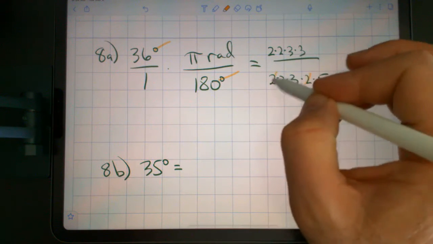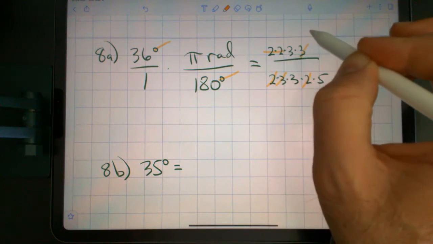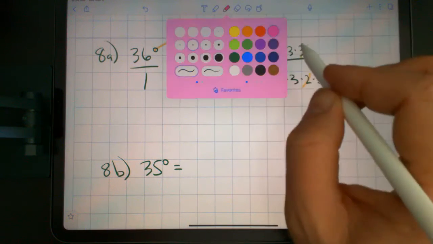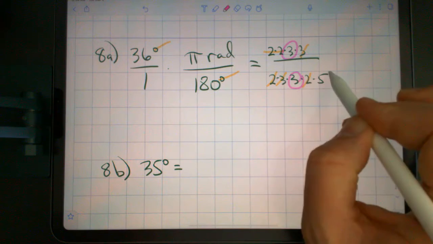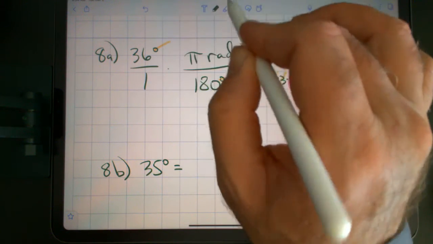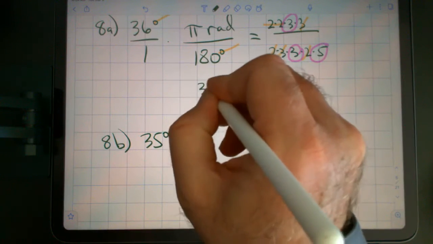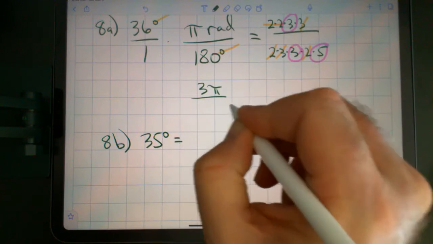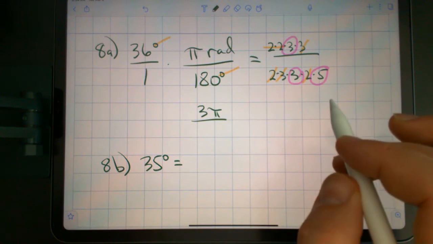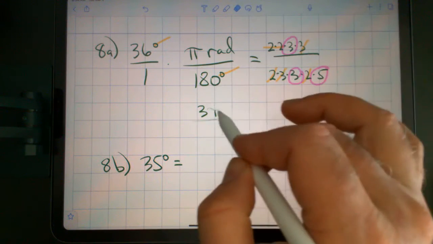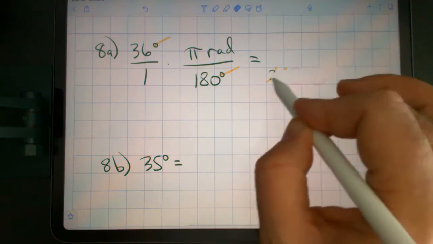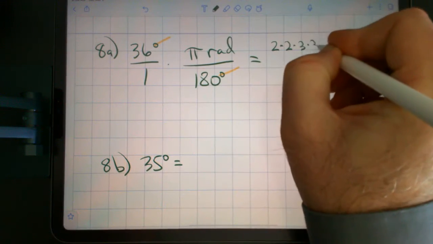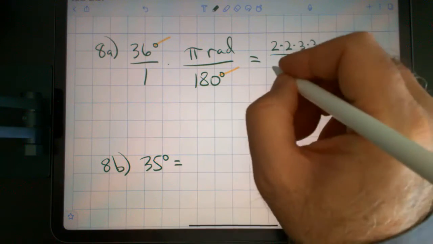So we have 3 pi radian, 3 pi on the top, divided by 36, 4 times 9, 180.